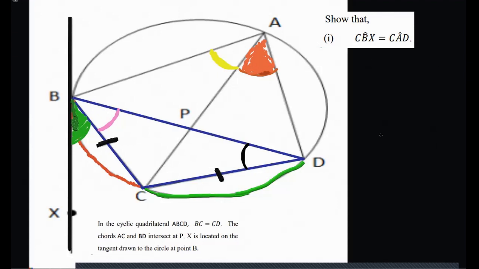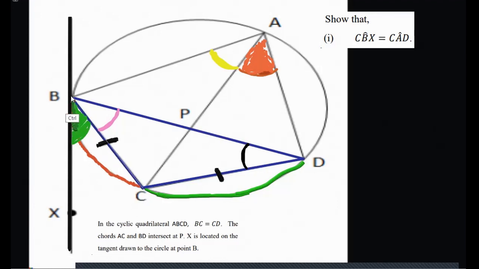Before we start writing the proof, let's take a pencil and mark the equal angles. Let's start with the green angle, the angle made by the tangent and this chord CB. Let me highlight the chord CB for you all.